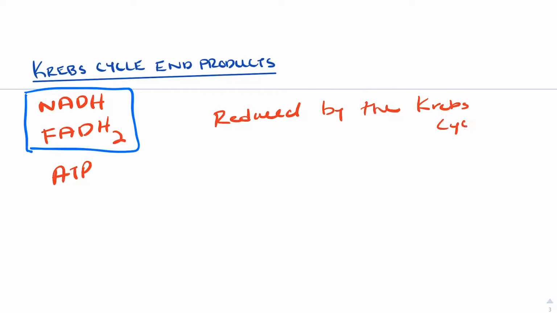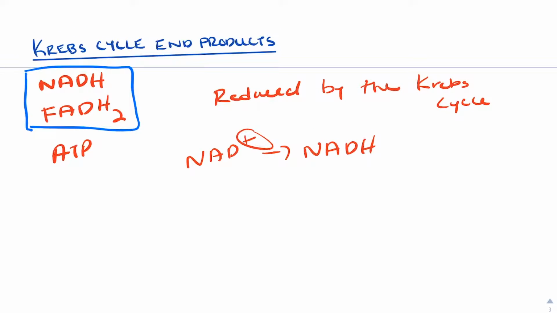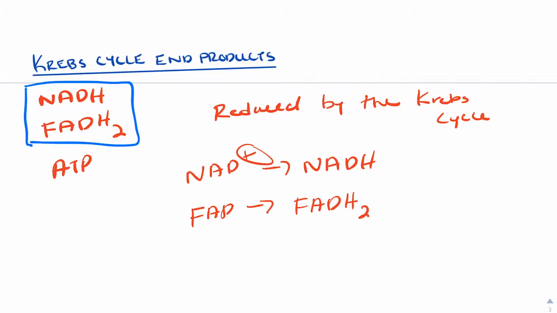So what the Krebs cycle did is it reduced NAD+ to NADH, took away the positive charge, and did the same thing for the FADH2 as well. It was FAD, and then it became FADH2. So what occurred here is both molecules were reduced.